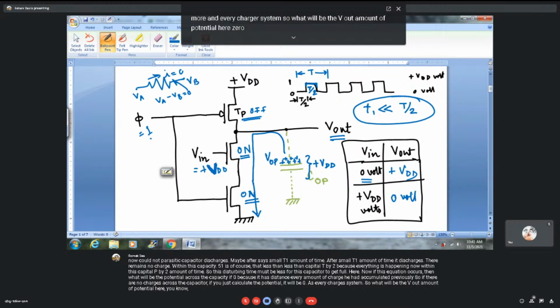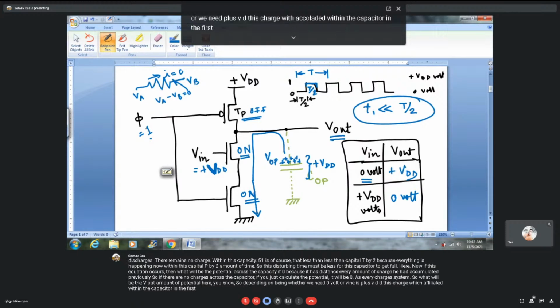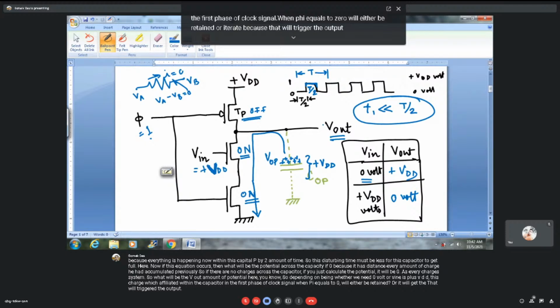So depending on Vin, whether Vin is 0 volt or plus VDD, the charge which accumulated within the capacitor in the first phase of the clock signal, when phi equals 0, will either be retained or it will get discharged. That will trigger the output potential, or in other words, the output logic state.